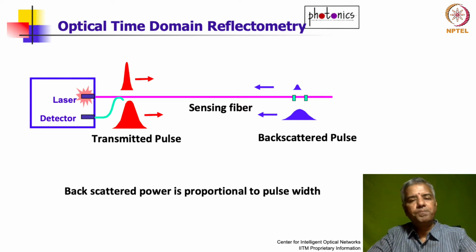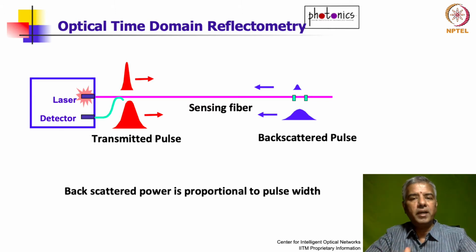Okay, so this is actually a classic trade-off as far as optical time domain reflectometry is concerned. If you want to get signals from longer distances down the fiber, you want to go for a fat pulse, a nice wide pulse. But you don't get very good spatial resolution in that case.